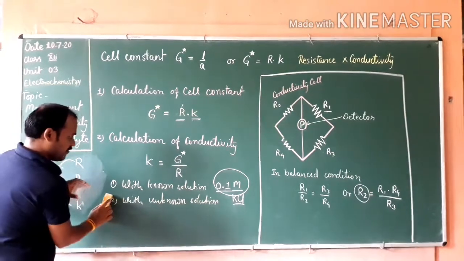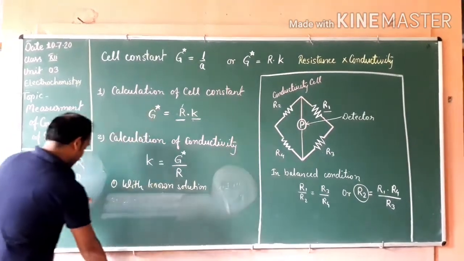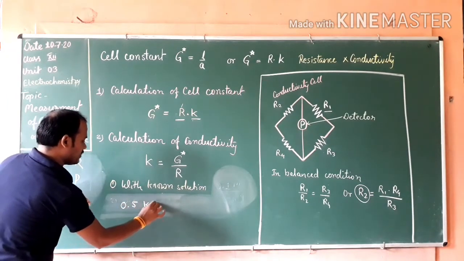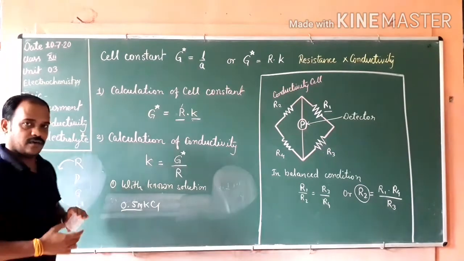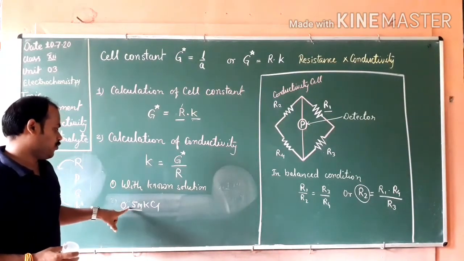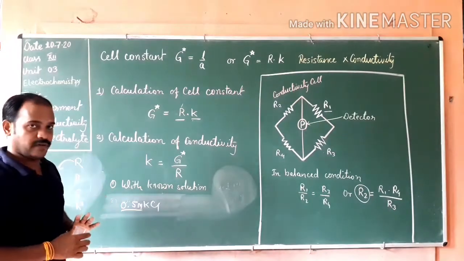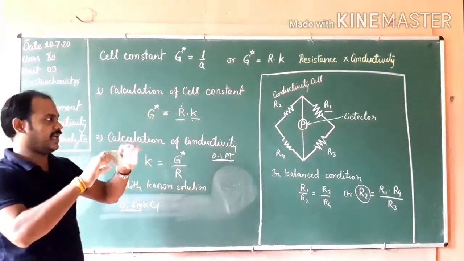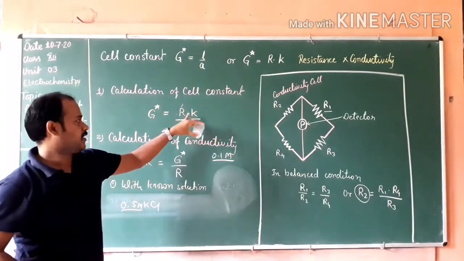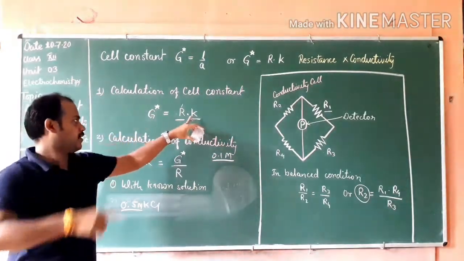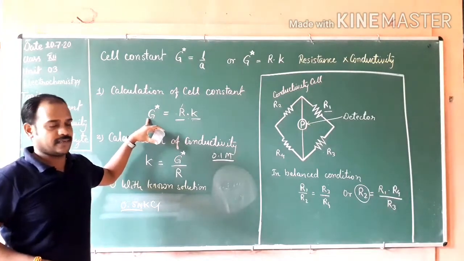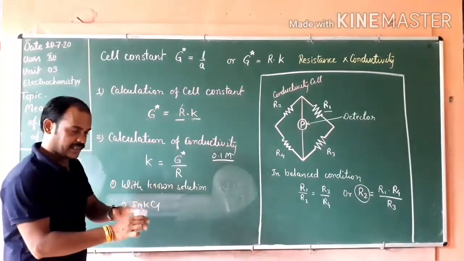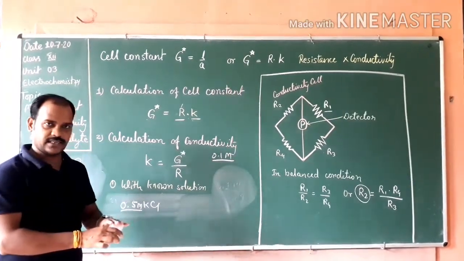Means now if the question is to calculate the conductivity of 0.5 molar KCl solution, then what will we do here? First, we will take 0.1 molar KCl solution in this cell, place it here, find the resistance, get the conductivity from the Kohlrausch table, place the value, find the cell constant. Second step, now remove that 0.1 molar KCl solution and fill this conductivity cell with this 0.5 molar KCl solution.